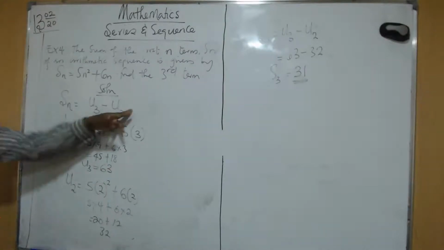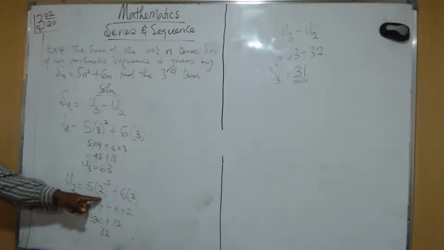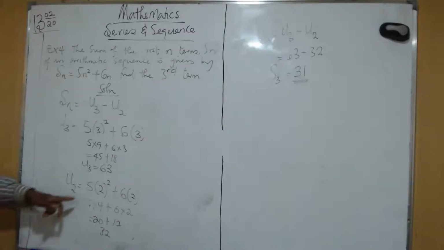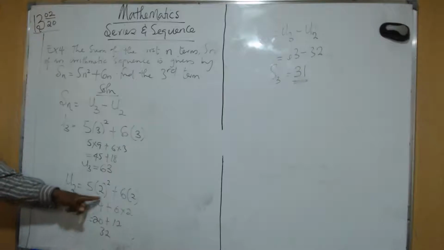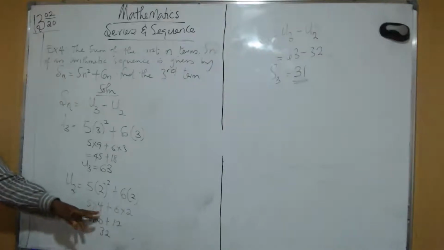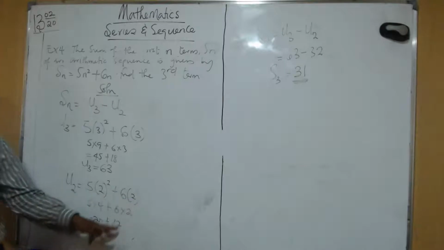Now, for the second term, what we do, the second term also will denote n. So in place of n, we substitute that value. We have 5 times 4, that's 2 times 2, we have 4. So 5 times 4 will give us 20. Why? 6 times 2 now will give us 12.